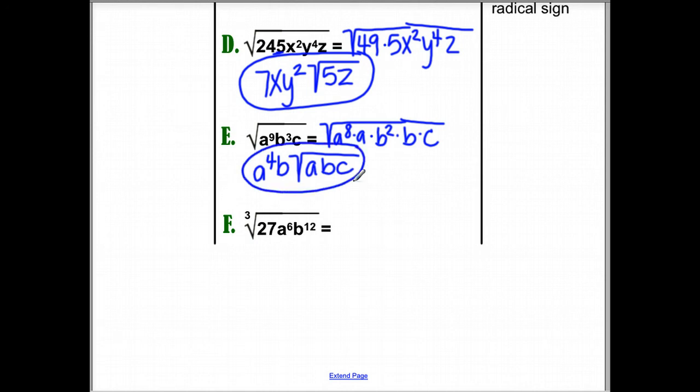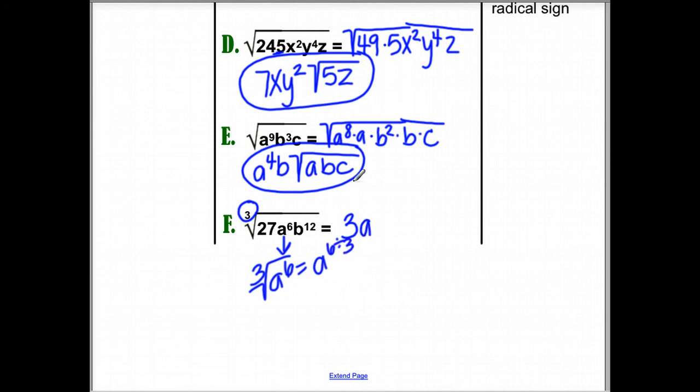For our last one, this one's a little bit trickier. We have here, I notice, a cube root. In that case, we want variables to powers that are divisible by 3. And when I look here, I see that 27 is a perfect cube. Well, that's 3, because 3 times 3 times 3 is 27. A to the 6th, if I take the cube root of a to the 6th, is really a to the 6th divided by 3 power.